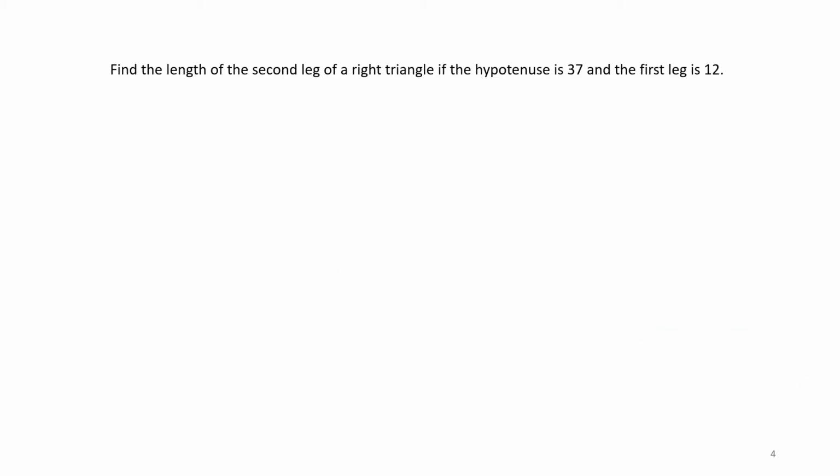Find the length of the second leg of a right triangle if the hypotenuse is 37 and the first leg is 12. So, we're going to fill in what we know. We have 37 and we have 12. It doesn't matter where you put it. This one makes more sense because it's shorter and the last one's probably going to be bigger. And then we're going to fill in our equation.